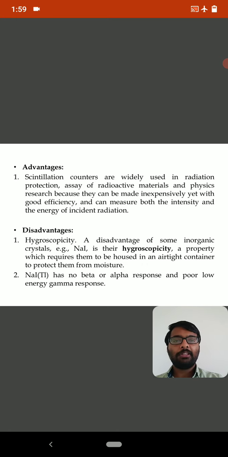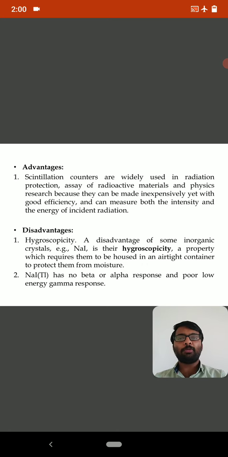So the advantages are: they are inexpensive, have good efficiency, and one can measure both intensity and energy of the incident radiation.